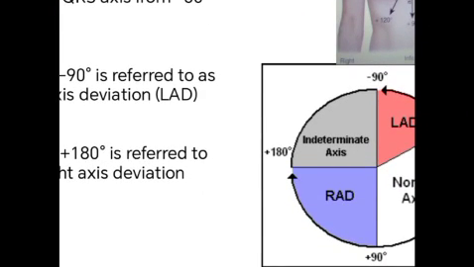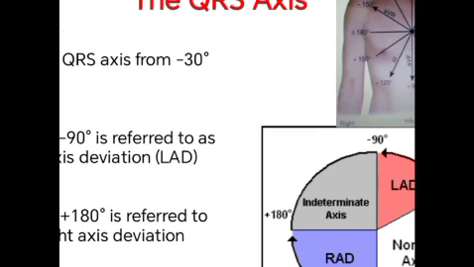So the normal axis lies between minus 30 and plus 90.